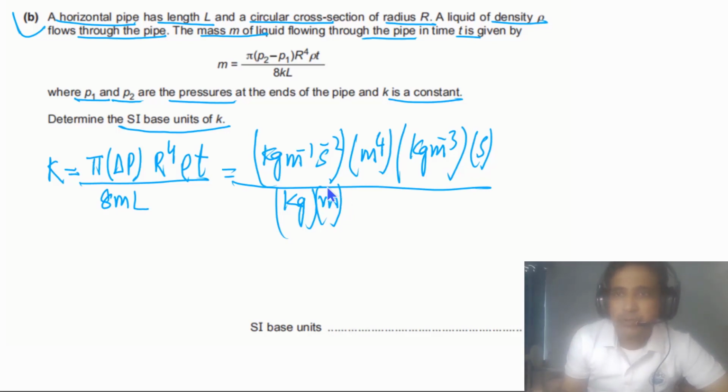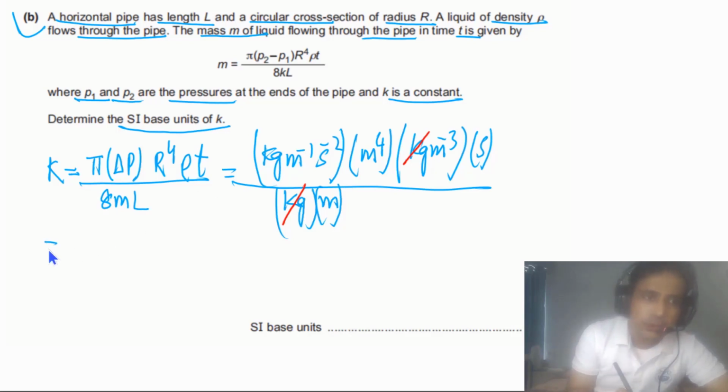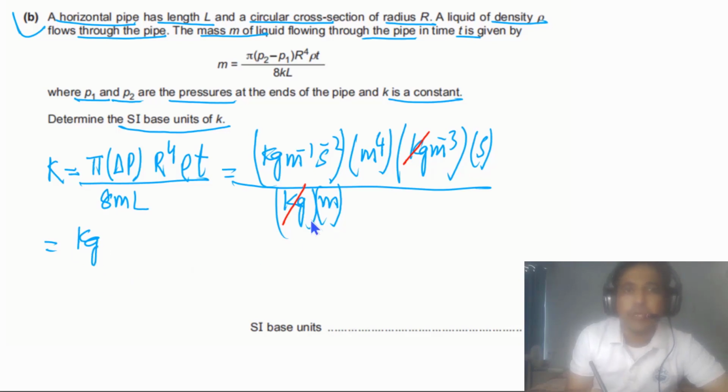First of all, we have kg here and kg here, so the kg cancel, and we are left with 1 kg in the numerator. Now looking at meters, we have meter to the power of 4 in one place, so we are left with 3 here, and we have 3 here, so these two cancel each other.